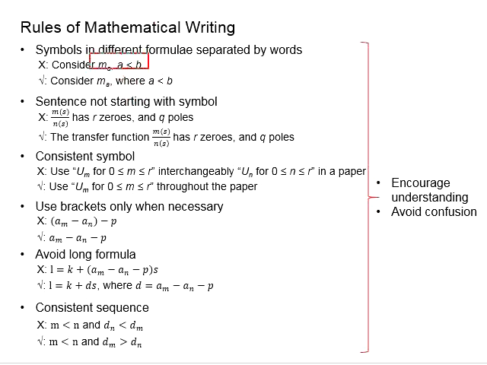When they are put together, there will be confusion whether they are actually one formula or separate. To prevent this confusion, you can put a word in between the two, clearly indicating that this M A is alone and A is less than B is another one.